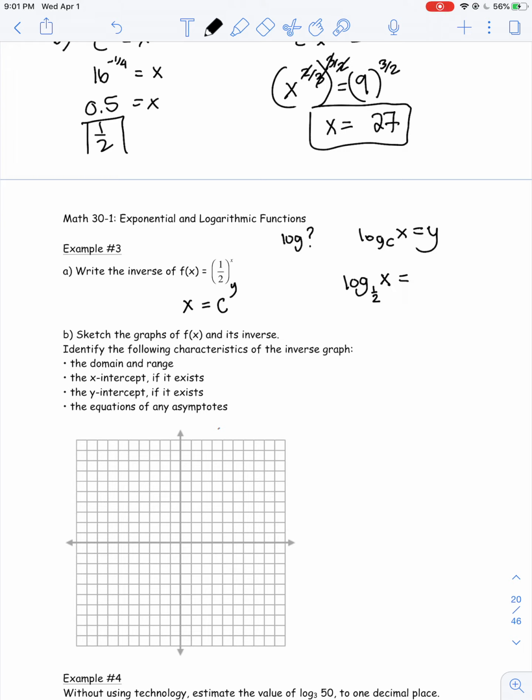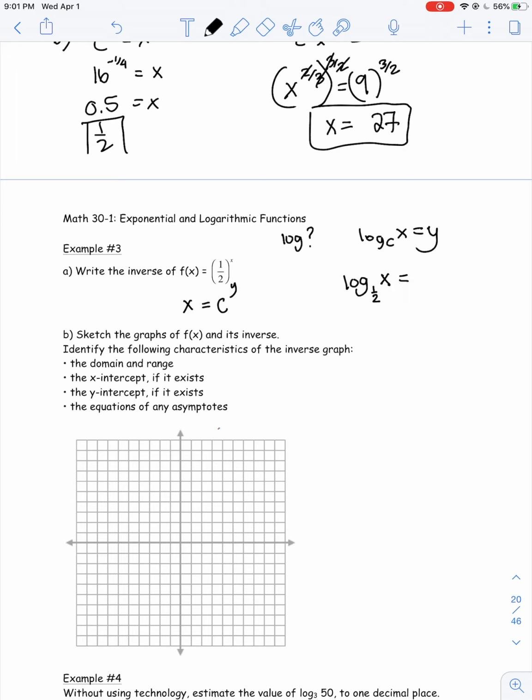And then our y value is our power, which is x as well. So up to you if we want to rewrite it like this. That would always work here. So you can leave it as x and y. It's just about rewriting it using the values. So I just kept y is what our answer was, and x within the log function, just to make it a little bit easier.